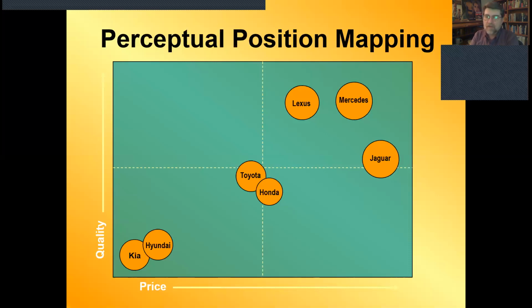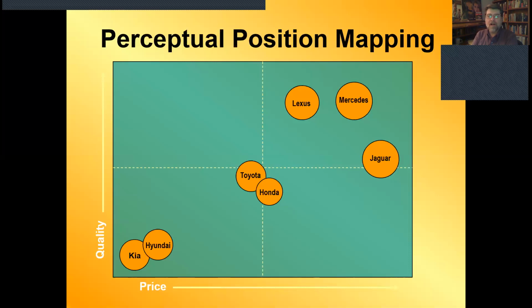I believe they have improved in recent years, but if they're not as high quality, why would they have a higher price? Well, it is a very elegant car, particularly some of the older ones. Very sleek, very elegant, very luxurious. So maybe if there was a third axis here, we would put Jaguar.